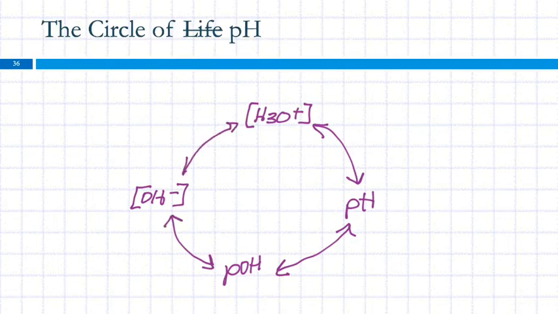That's kind of a circle. It could be a square, but circle of pH sounds better than the square of pH. So this is the circle of pH. You can convert between H3O plus and pH. You can convert between pH and pOH. You can convert between pOH and hydroxide ion concentration.